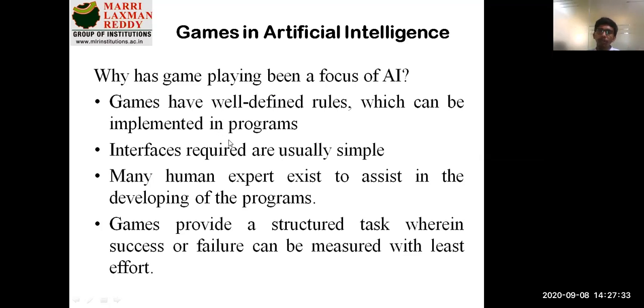That is the reason everybody is now focusing on AI with respect to game playing. AI is having a major focus now, and also much human expertise is already available. It can be shooting games, racing games, or small puzzles. Many games are already developed, so we have a lot of expertise, which means predefined libraries and programs are available.